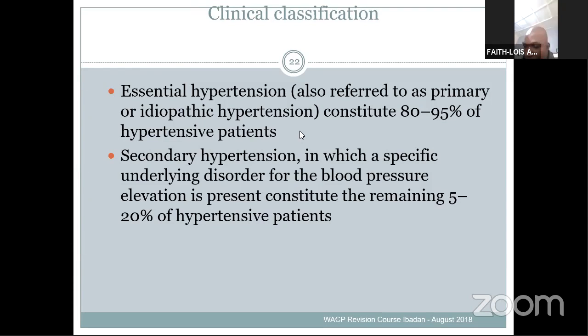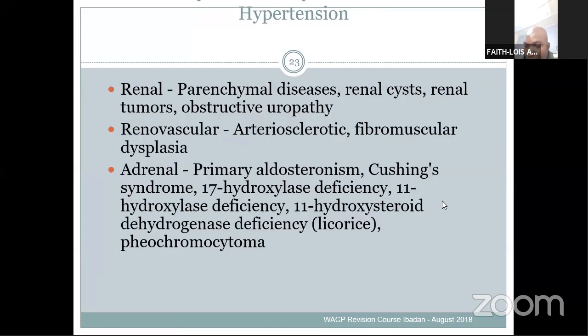From that slide, you can see the renal causes, the renovascular causes, that means vascular disorders of the kidneys, and also the adrenal glands, which are just above the kidney. Some other conditions are aortic coarctation, obstructive sleep apnea, and some others which I would not want us to be bothered about. People that take steroids could also develop secondary hypertension.